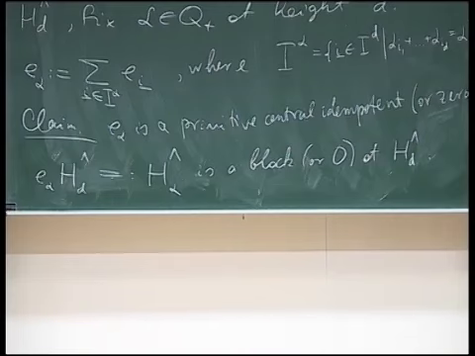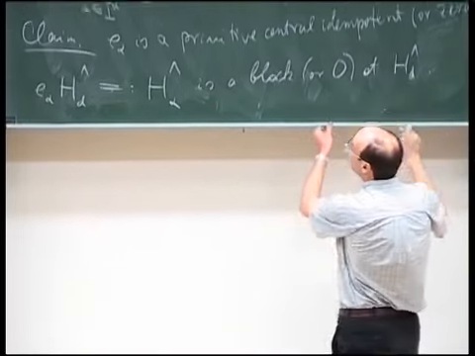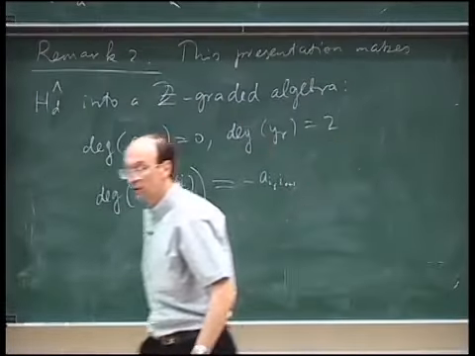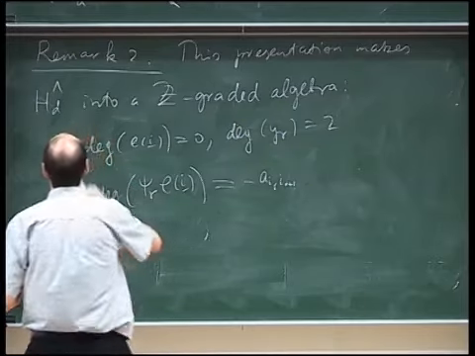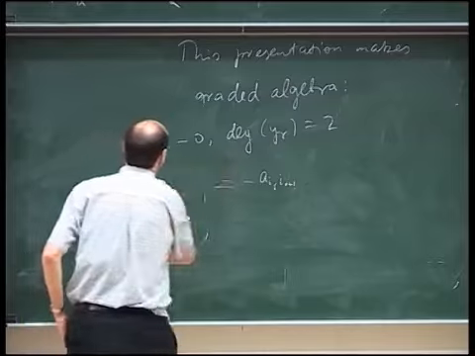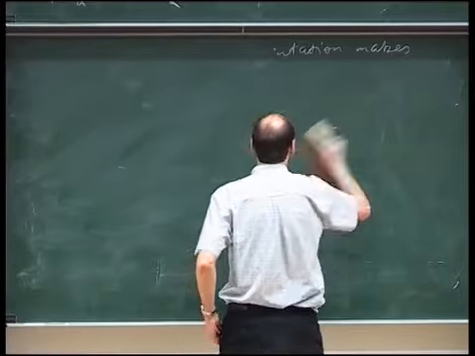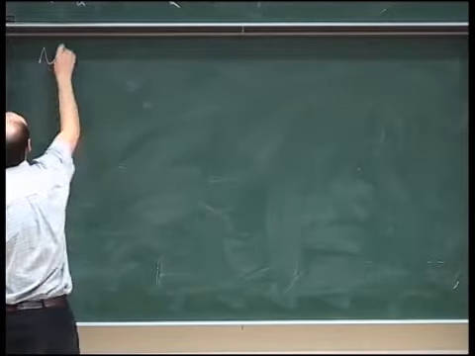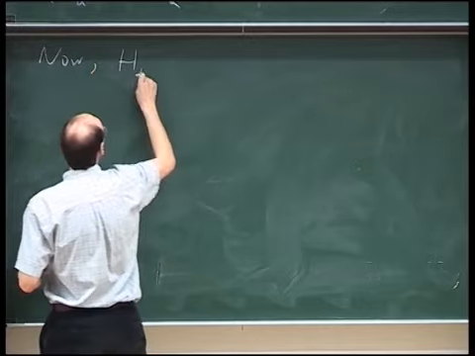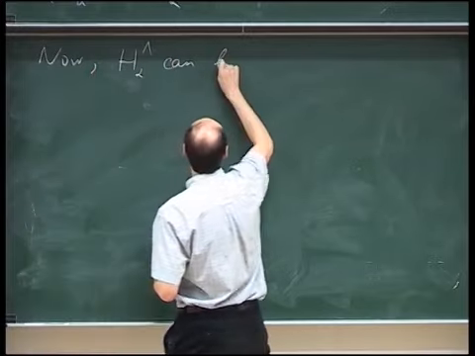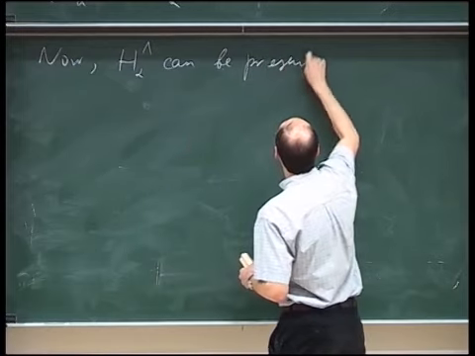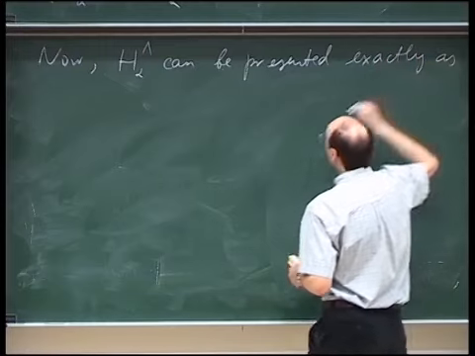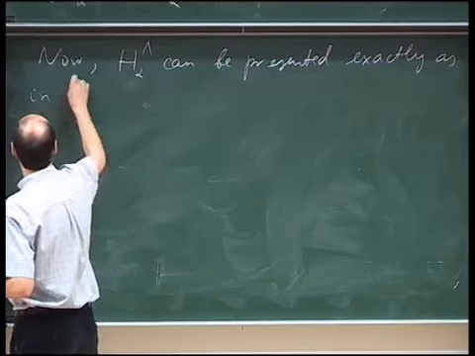And in fact, for this block, we can write down the presentation by generators and relations in exactly the same way. And so this H alpha lambda can be presented exactly as in theorem 1 above.